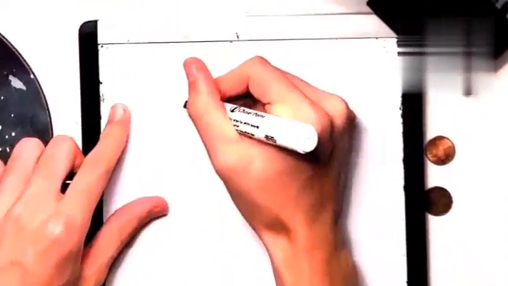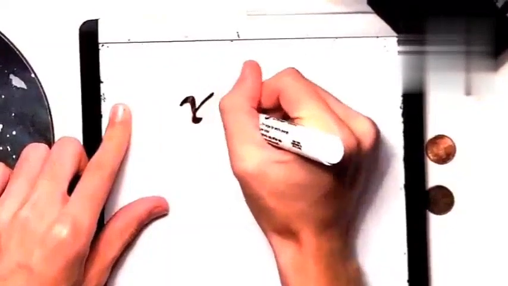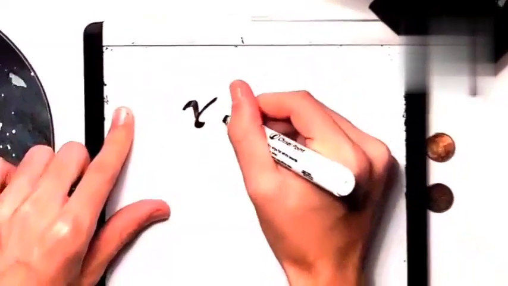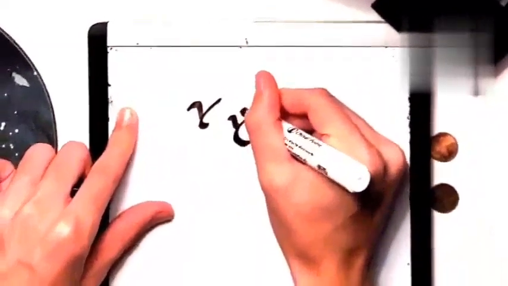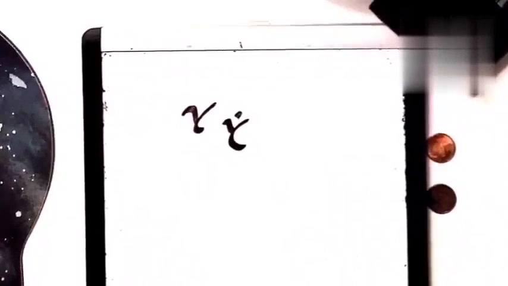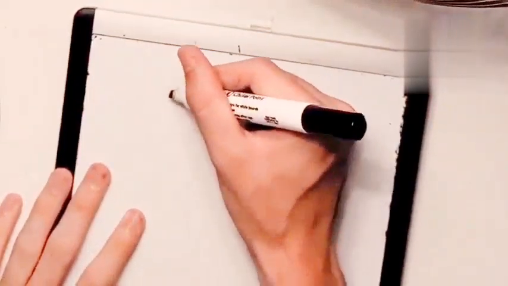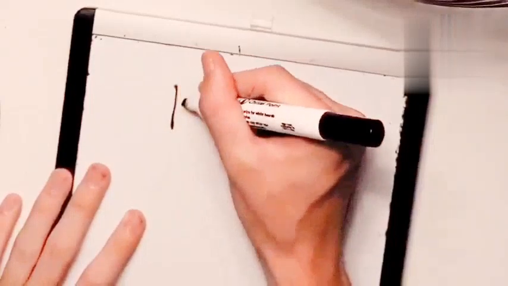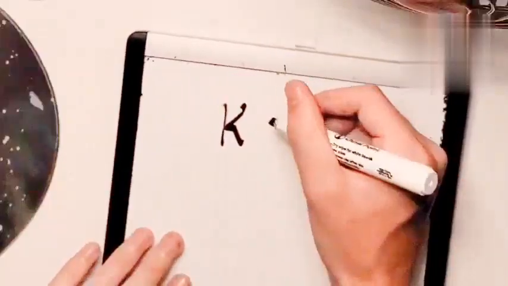This is Bow, which means a bow, as in bow and arrow. This is Calk, which means a sandal.